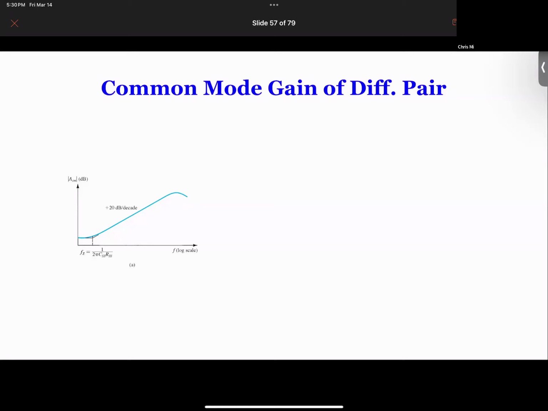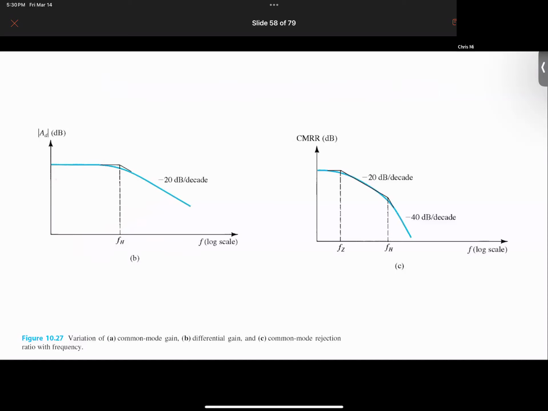And then once we got to the differential gain, it's exactly the same as a common source amplifier. So it's the same. You have FH, you have this. Everything is the same. The only thing is the common mode.